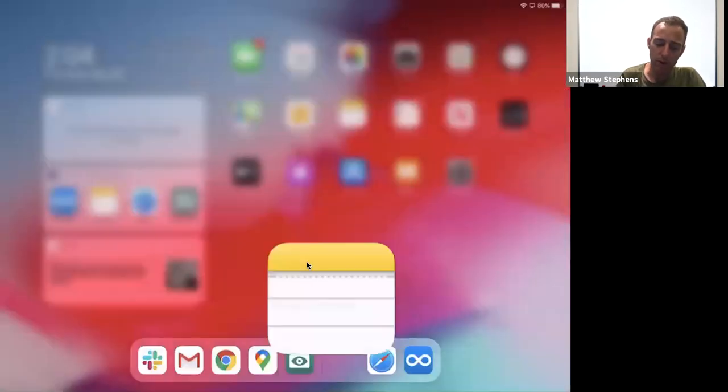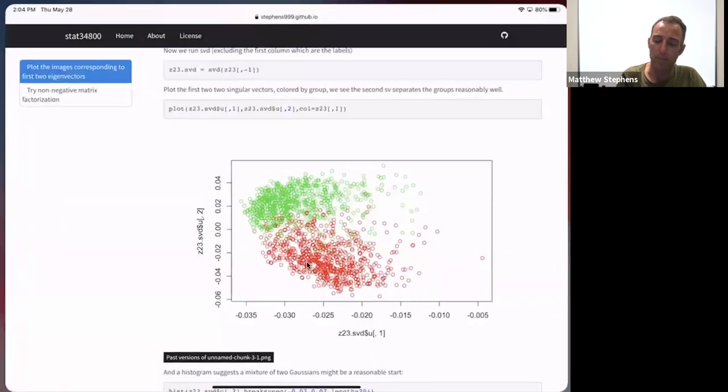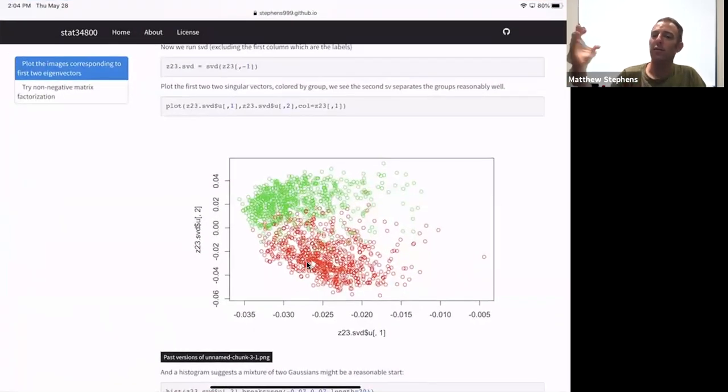And that's what this plot is doing, taking that original data matrix, compressing it down to 2 dimensions, and then plotting the results in 2 dimensions, right? Which is a very convenient place to plot things.